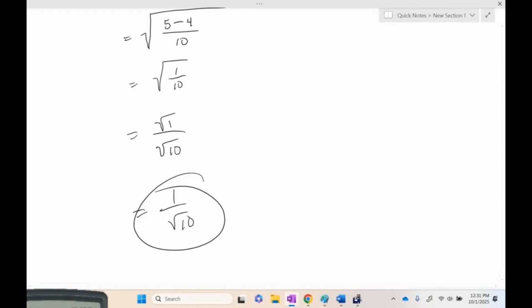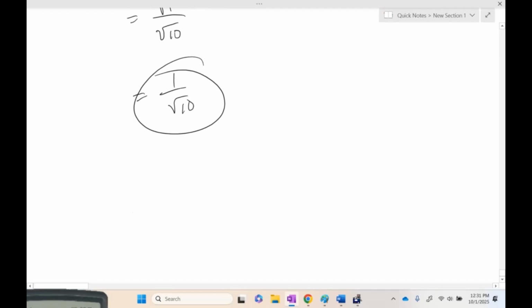But if you look at the answer choices, they probably won't have it written this way because you can go an extra step and rationalize the denominator. So rationalizing the denominator means to take any radicals out of the denominator. So just to go a step extra, I could multiply the top and the bottom by the square root of 10.